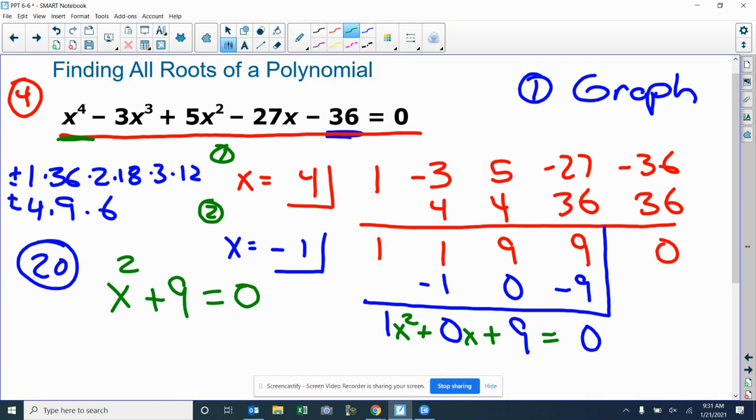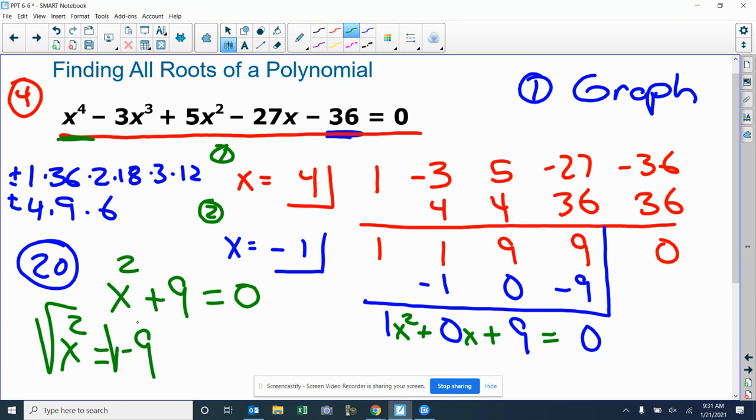That's an exciting quadratic, almost as exciting as looking at your phone, isn't it? Why do we like that quadratic? Because it doesn't have a middle term. Is this one easy to solve for? It is. We don't have that middle term, so all we got to do is take 9 to the other side. We're going to have x squared equals -9, right?